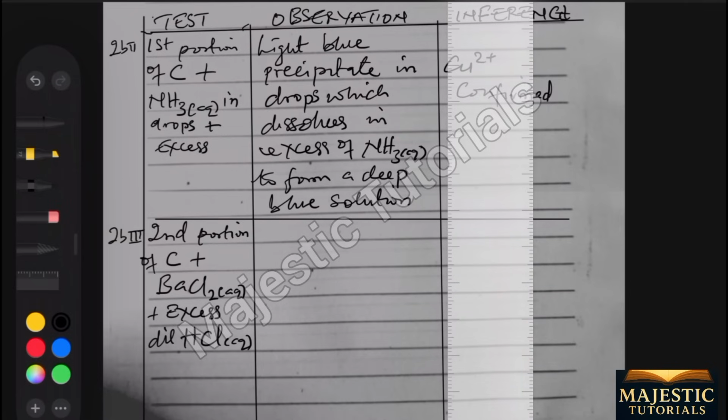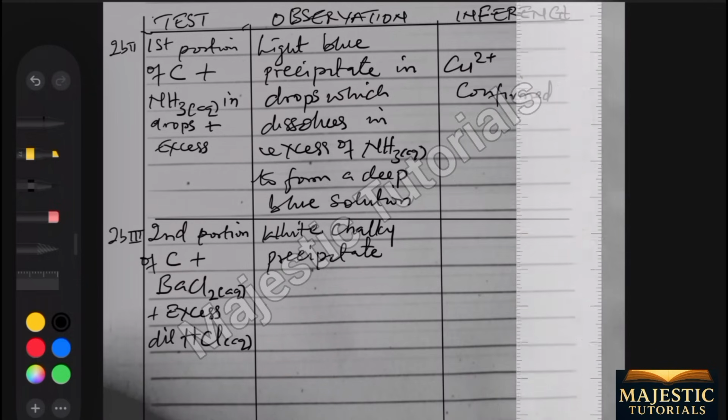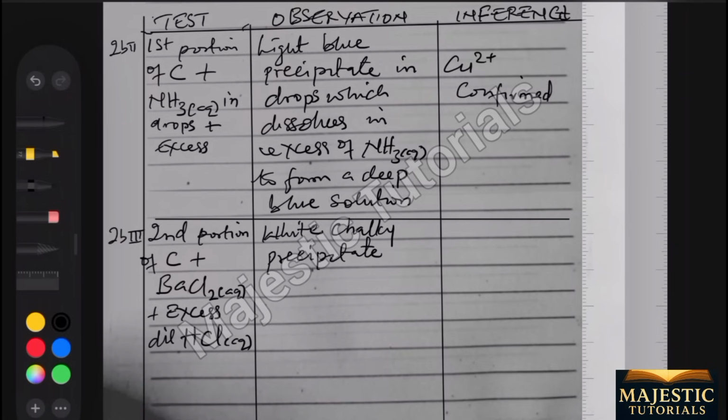Then you will write here white chalky precipitate. Some might tell you to write white bluish because the solution is already blue now. We say it's light blue, so don't say that.